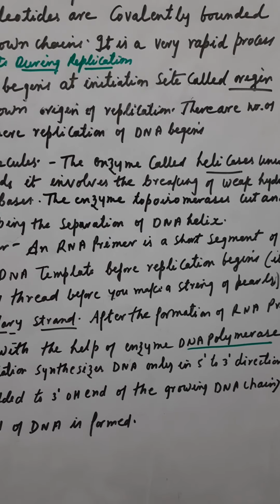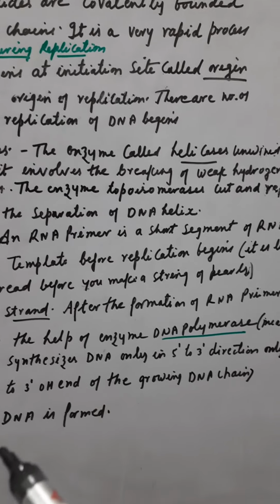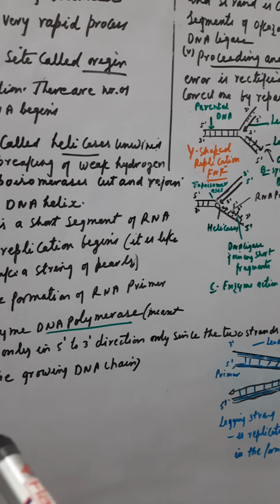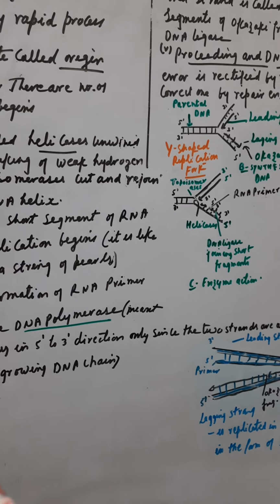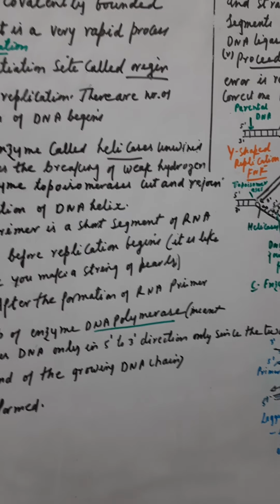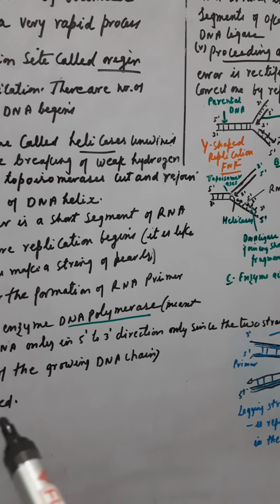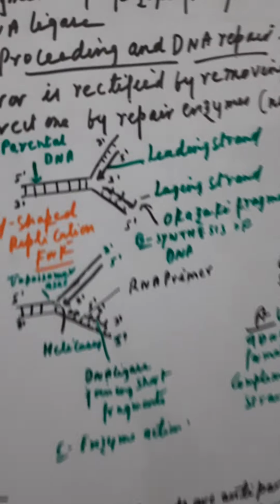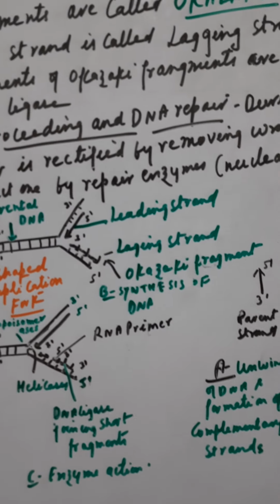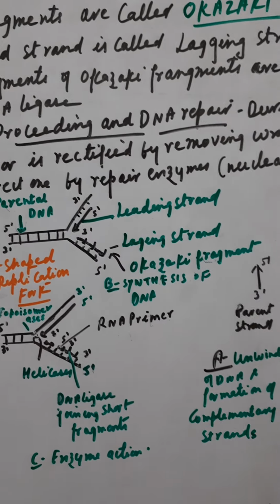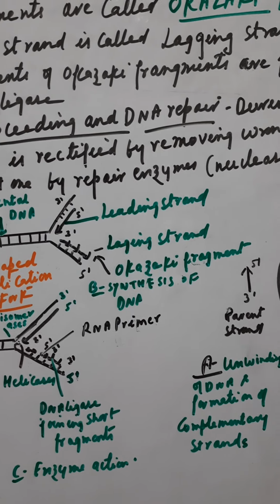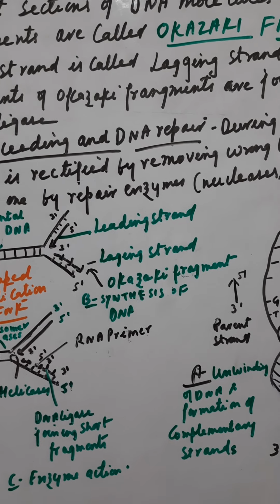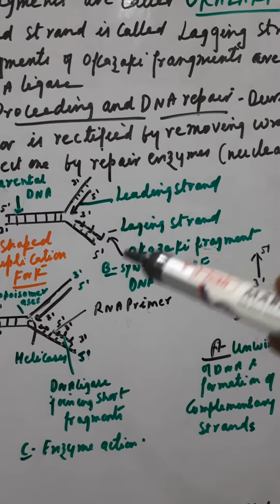Hence, a new nucleotide is always added to the 3' end of the growing DNA chain, and a new complementary strand of DNA is formed. Then DNA polymerase produces a continuous stretch in one strand, called the leading strand, and in the other strand DNA polymerase produces short sections. These are called Okazaki fragments, and this is the lagging strand.